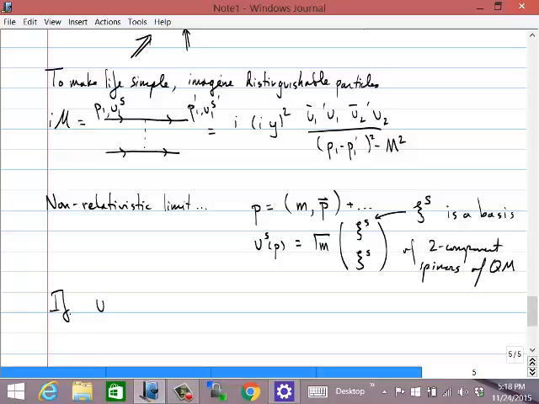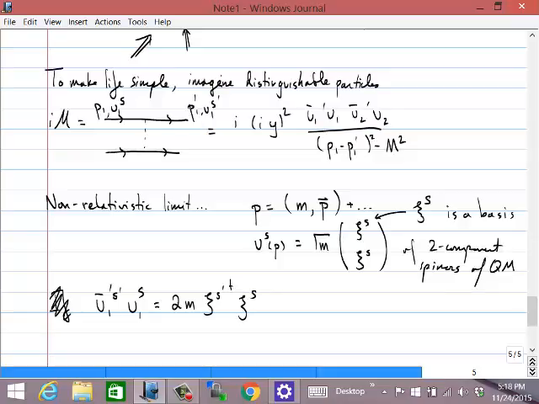Then we need to write down ū1 prime, I guess s prime, times u1s, and that is just 2m times zeta s prime dagger zeta s.